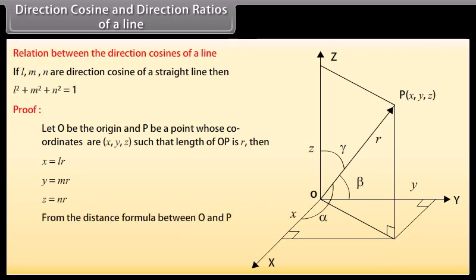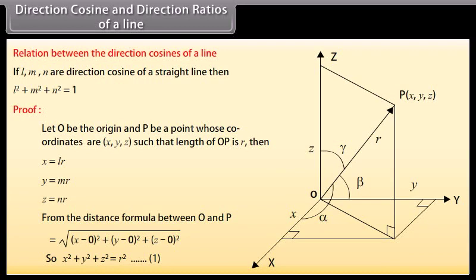From the distance formula, the distance between O and P equals square root of x minus 0 square plus y minus 0 square plus z minus 0 square. So x square plus y square plus z square equals r square, name it as 1.